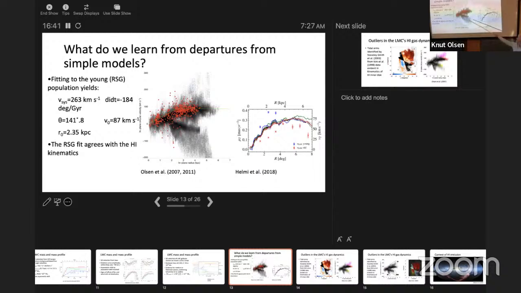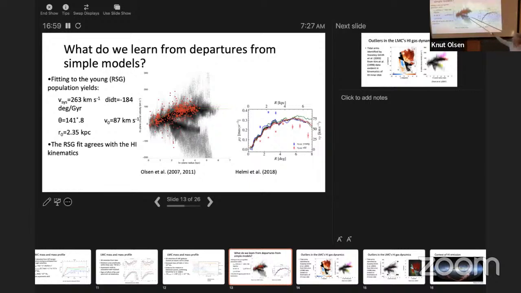You can see that the young stars, red supergiants, which are evolved massive stars with ages of 50 million years or so, trace out that flat rotation curve quite well.